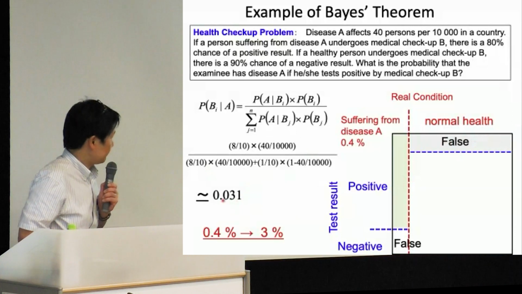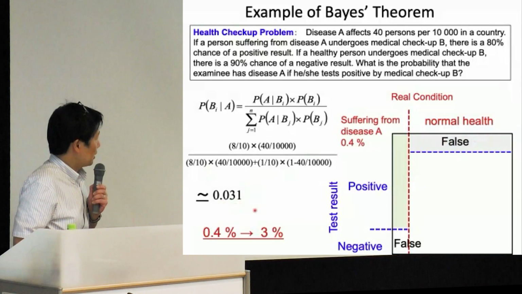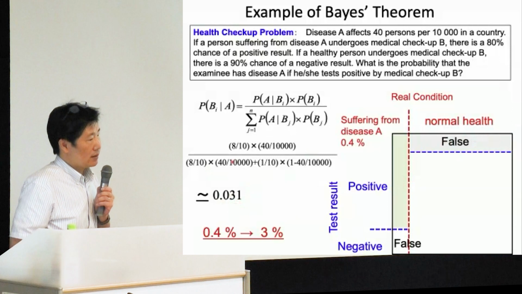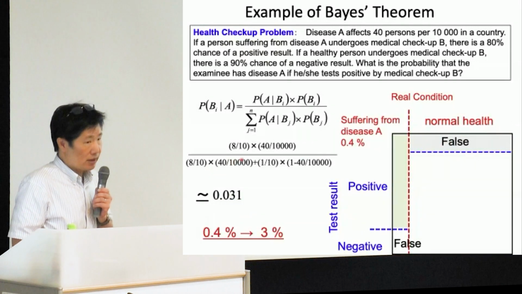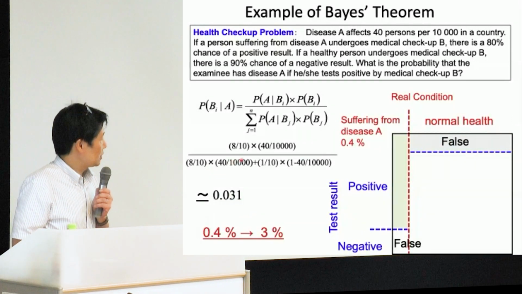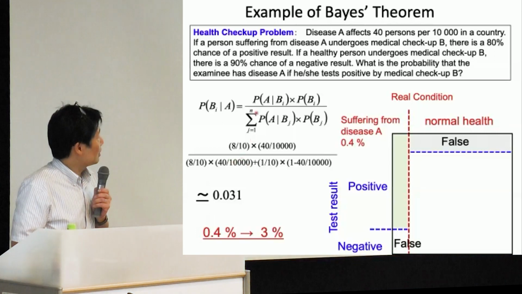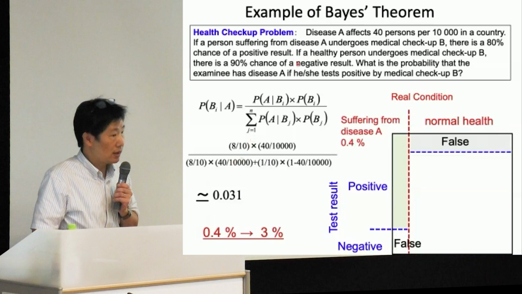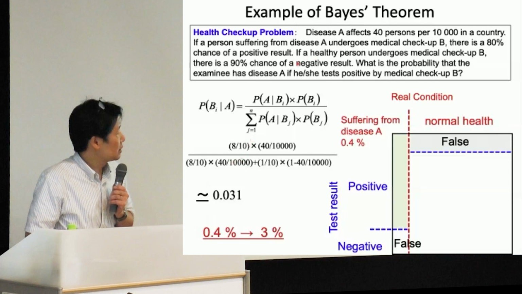So the probability is 3%. So this person got a positive result, and the reliability of the test is 90% or 80%, high enough.